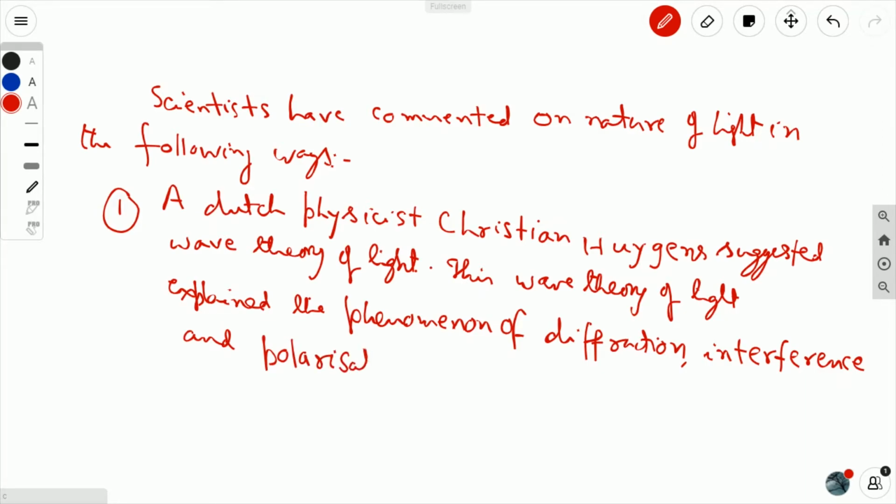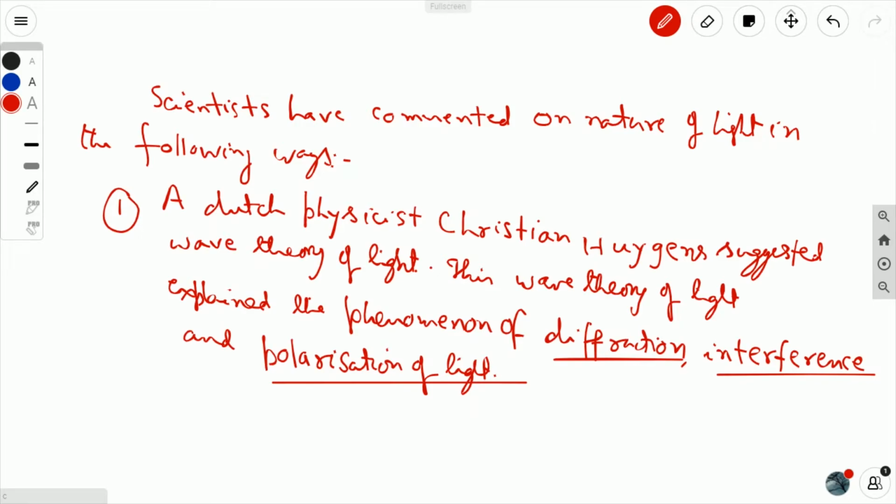This phenomenon of diffraction, interference and polarization of light was explained by the wave theory of light, which was suggested by the Dutch physicist Christian Huygens. This one you have to remember. If you go to higher classes, you will study it, not in this standard of class 10.